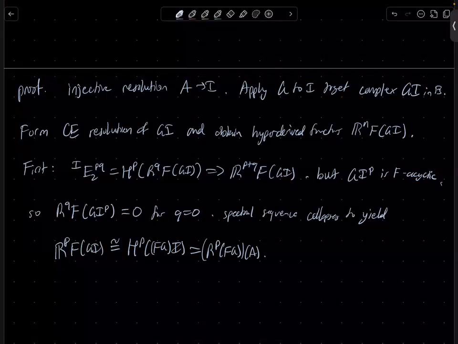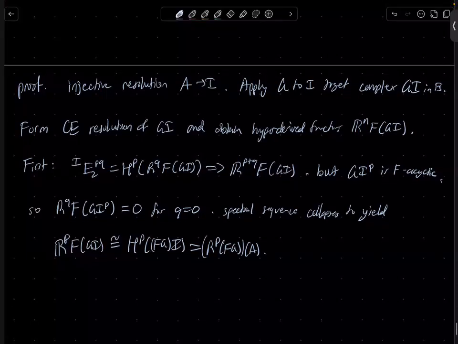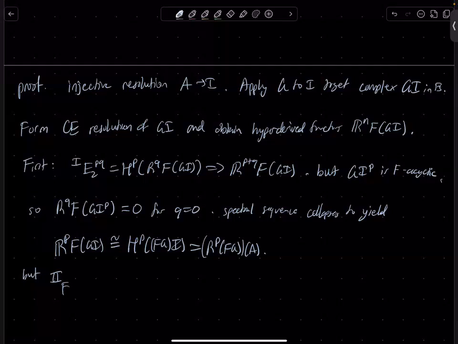But in the other spectral sequence, what do we get? We get E_2^{PQ}. This thing was R^P F, then there's H^Q of G(I), right?